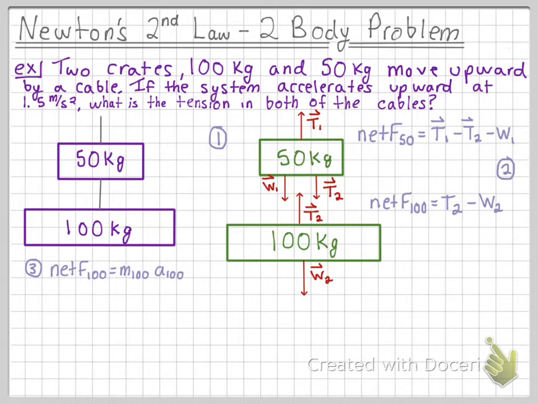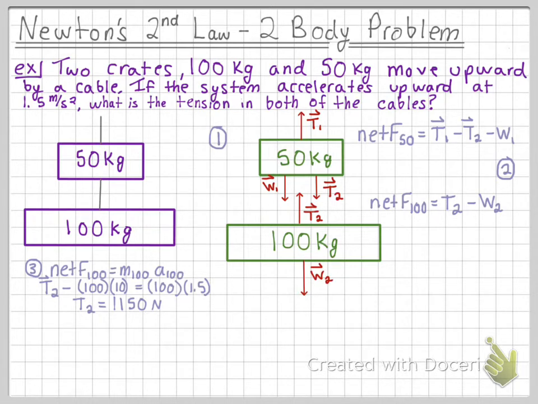So we say that the net force, which is the second tension force minus the weight, and weight is equal to mass times acceleration due to gravity, so 10, is equal to the mass of the 100 kilogram block times its acceleration, which is 1.5 meters per second squared. When we plug in these values and solve, we see that the tension in the rope between the two blocks is 1,150 newtons.